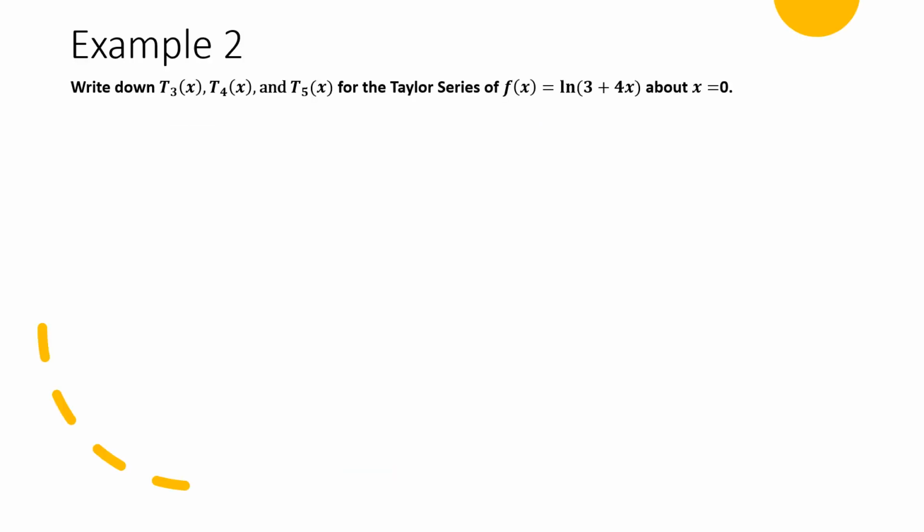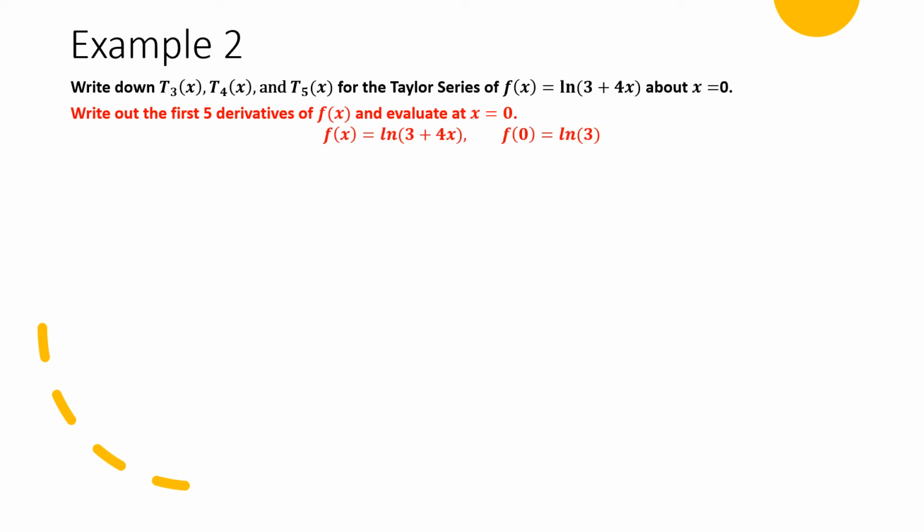All right, example two, it says write down T sub 3 of x, T sub 4 of x, T sub 5 of x for the series ln of 3 plus 4x about x equals 0. Again, I'm going to start by writing out a few of my derivatives. Notice though that this is a Maclaurin series, so I could technically use a known series to figure this out, but I'm just going to continue writing it as a Taylor, so I could do it either way.